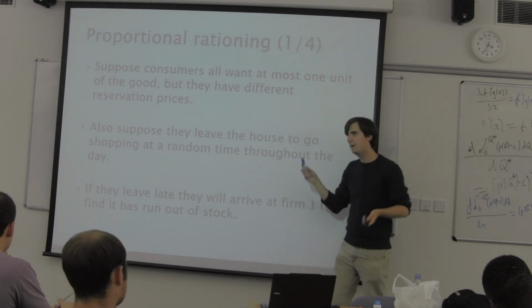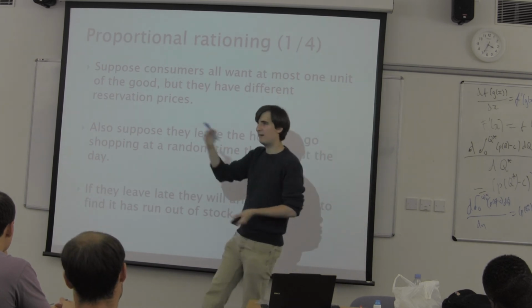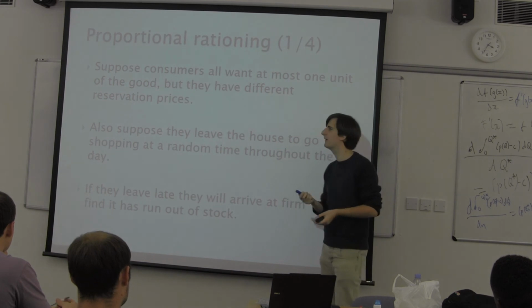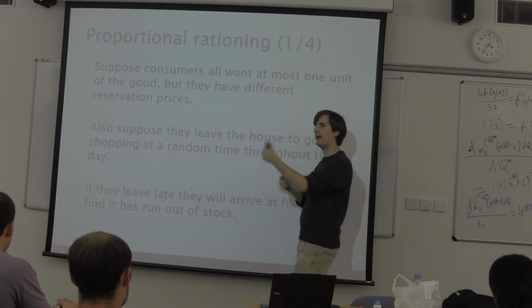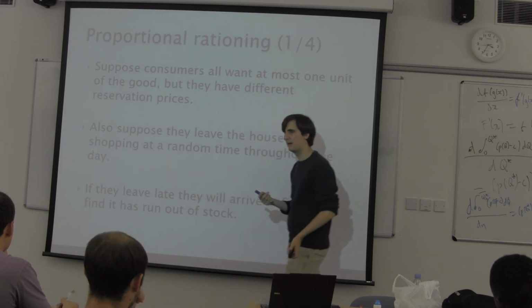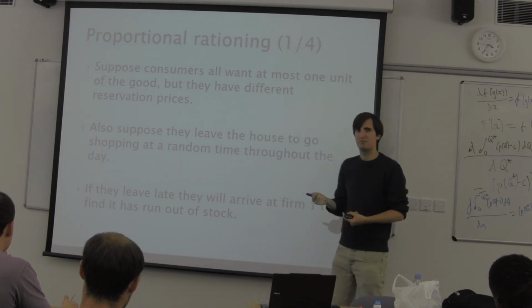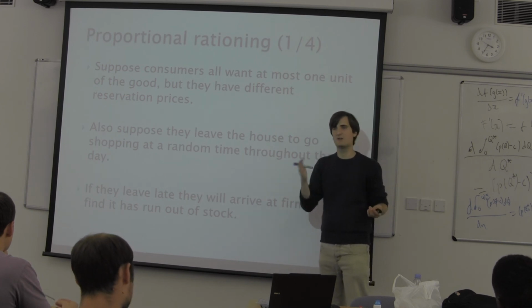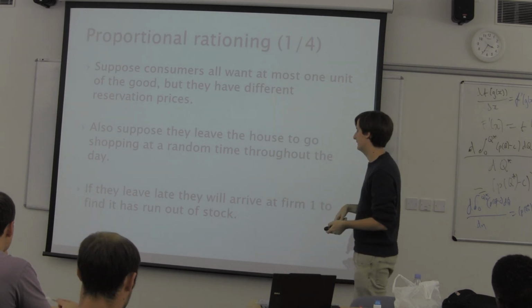Some of you will randomly decide to go shopping very late at night, some very early in the morning. If you go shopping very late at night, there's a chance that we've already run out of stock. Just because you value the good very highly doesn't necessarily mean you're going to go shopping any earlier.